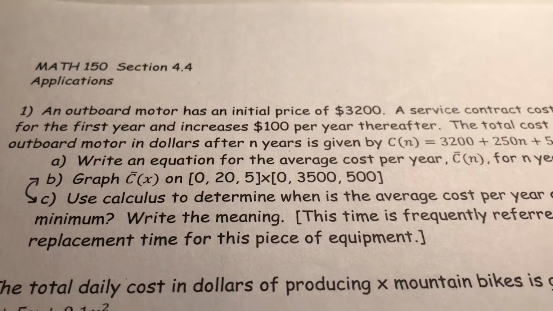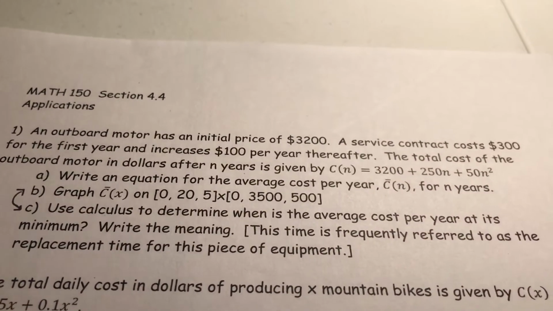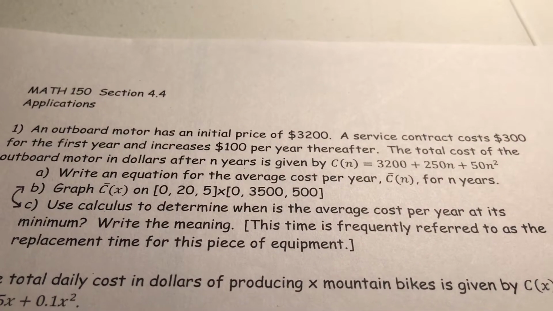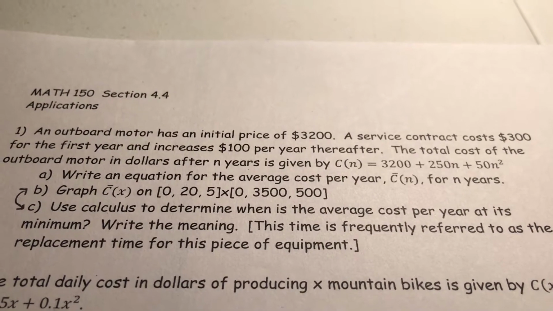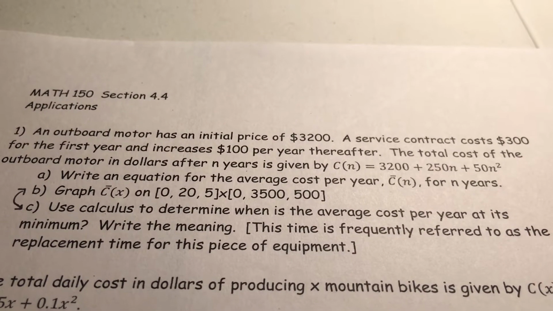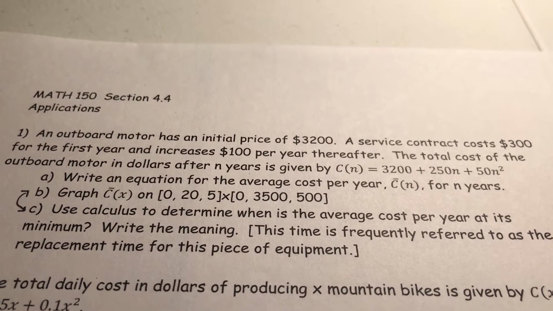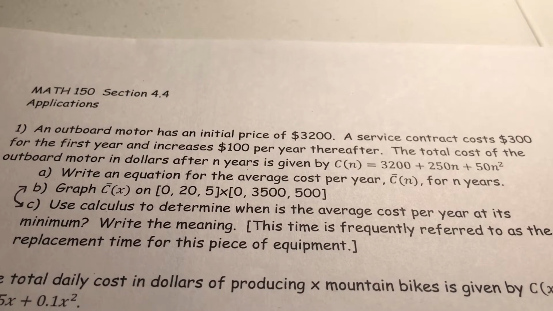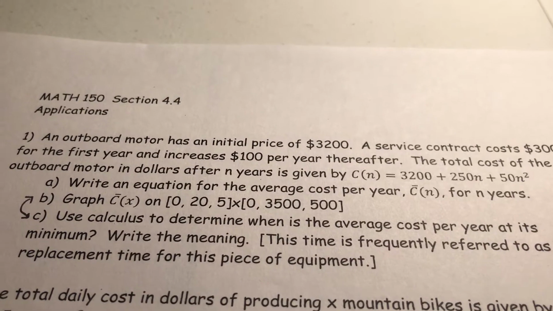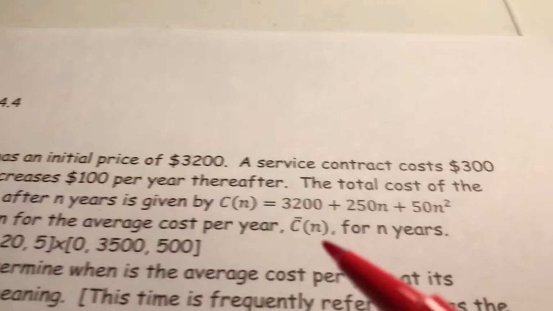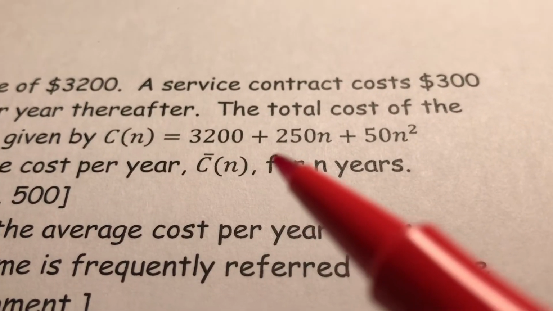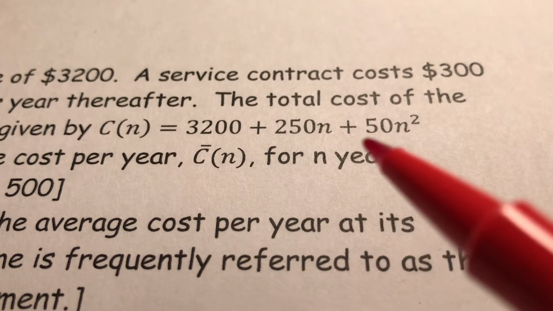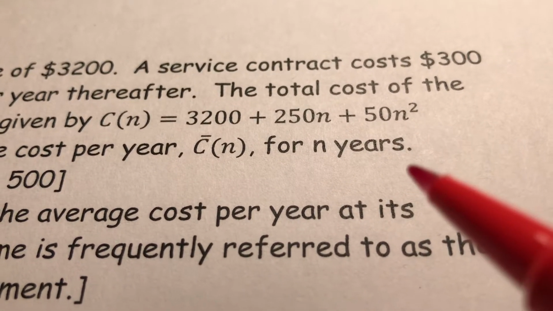So number one, an outboard motor has an initial price of $3,200. A service contract costs $300 for the first year and increases $100 per year thereafter. The total cost of the outboard motor in dollars after n years is given by C of n, here's our function, 3,200 plus 250n plus 50n squared.